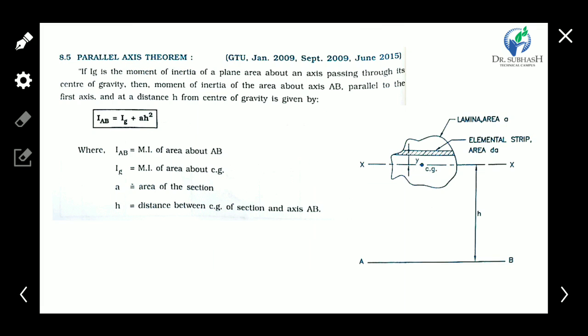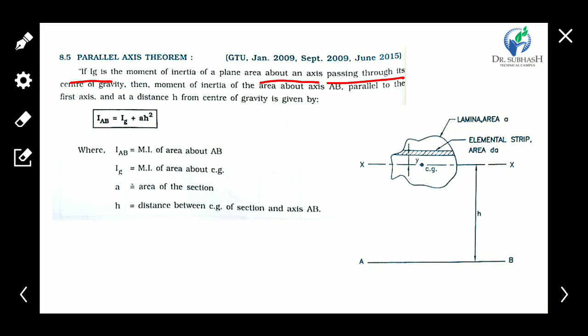So let's start this lecture with the parallel axis theorem. What is the parallel axis theorem and what does it state? Ig is the moment of inertia of a plane area about an axis passing through its center of gravity.